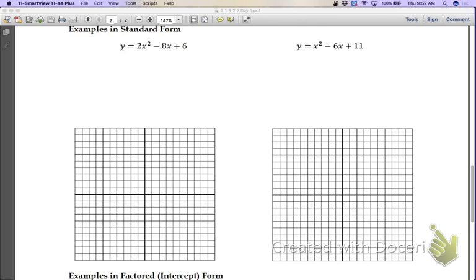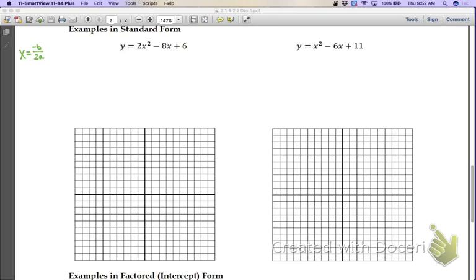With any of these, the easiest way, whenever you have something in standard form, is to find the axis of symmetry first and then use that to find the vertex. So to find the axis of symmetry, to find the x value in my function, or of my vertex, I'm going to take the opposite of b divided by 2a.